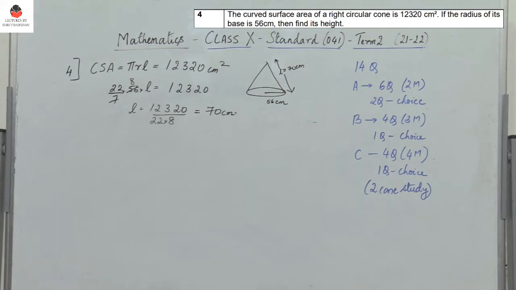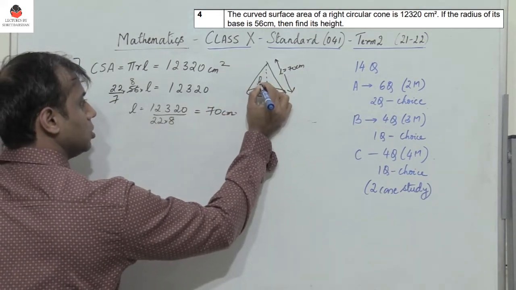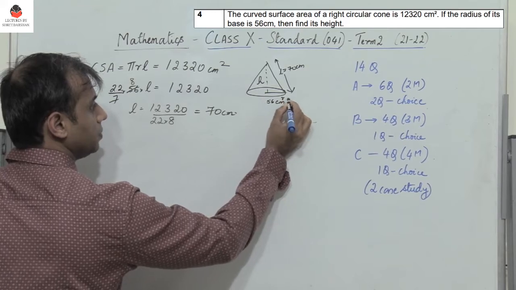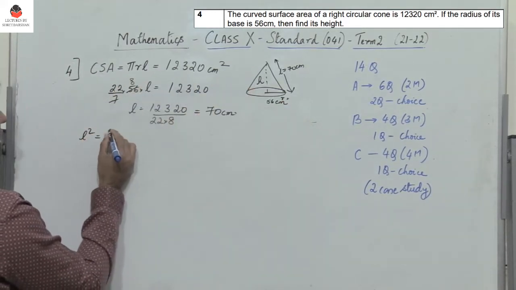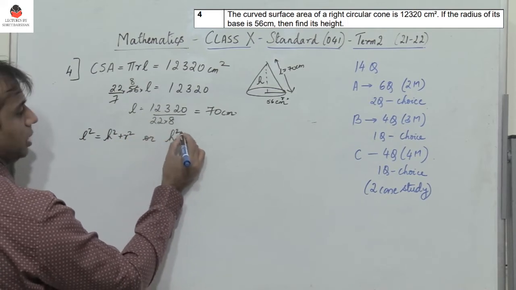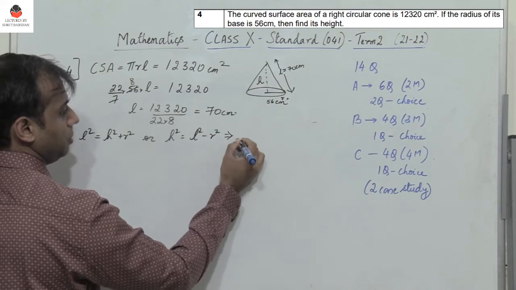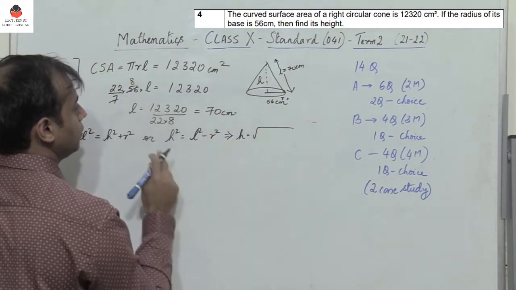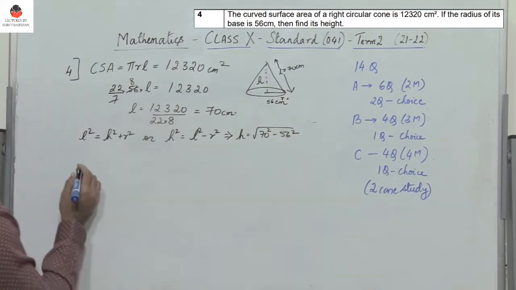So what do we have to find? We need to find its height. So I need to find h. So what is h? This is r. So we can use Pythagoras theorem. L square equals h square plus r square. Or what is h square? It is L square minus r square, which implies h equals root of L square, 70 square minus 56 square.